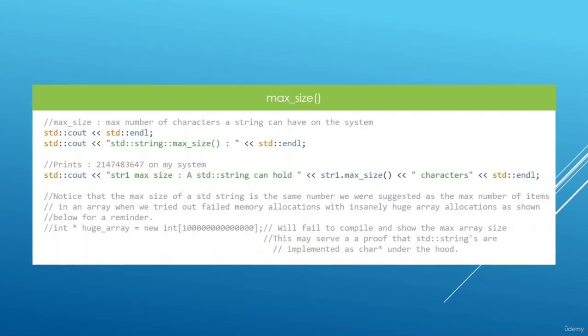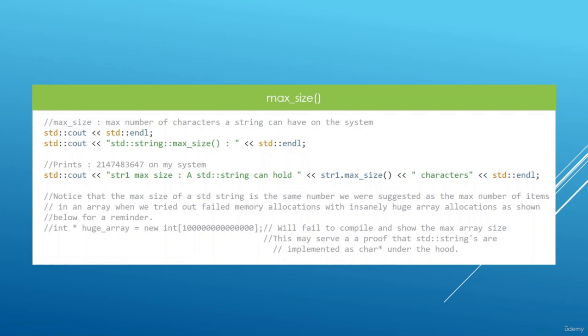We also have another behavior that is going to give us the max size of a string we can have on our system, and we can call it and get this information. And you should make sure that you don't go over this number in your string. So you should have no more than this number of characters in your string. If you try to do that, you're going to probably get a crash. It is a bad thing.